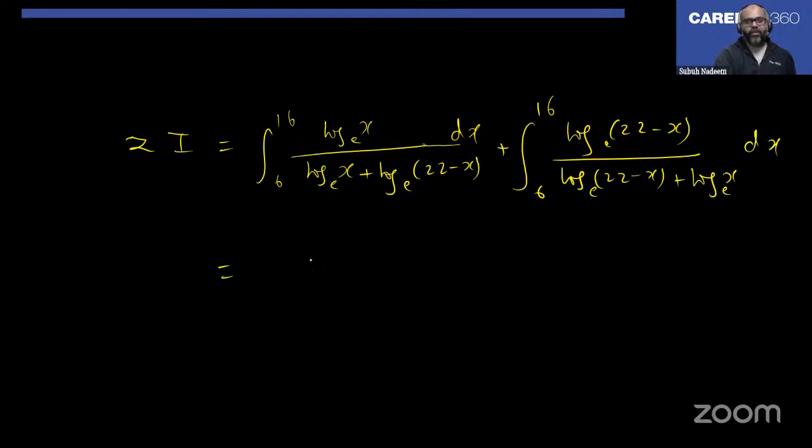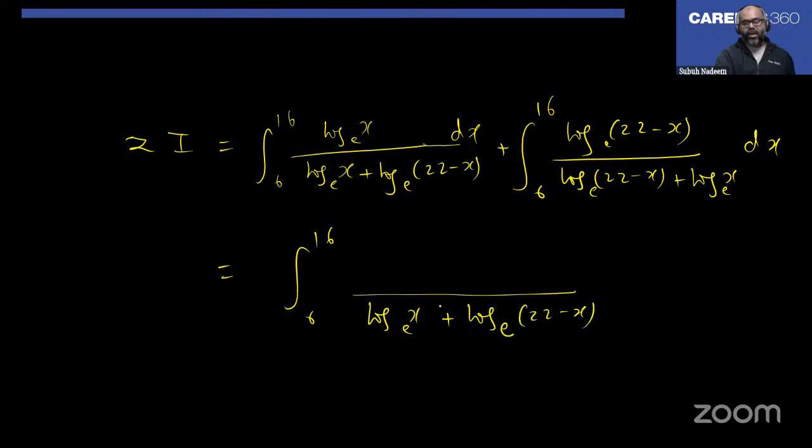So it will become integral 6 to 16. This denominator in both of them is same, so we can take common denominator. From one place, numerator is log x to the base e, from another term, it is log 22 minus x to the base e dx.